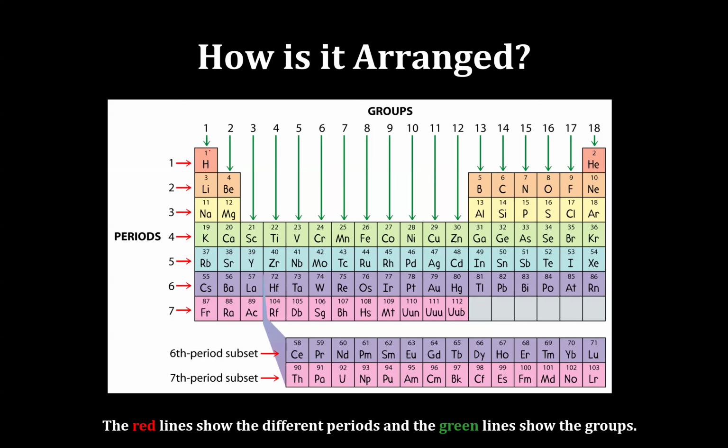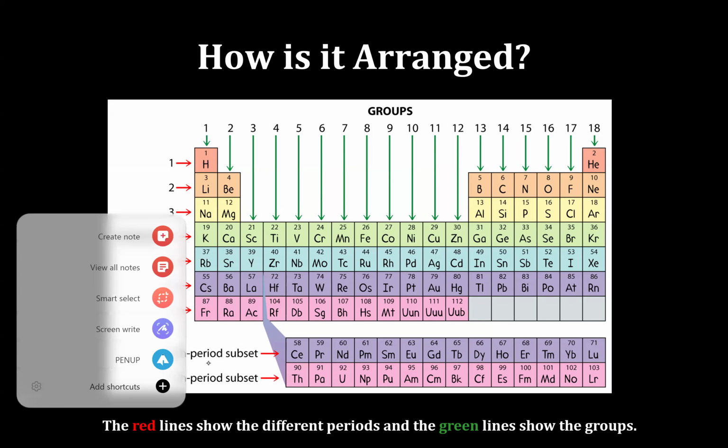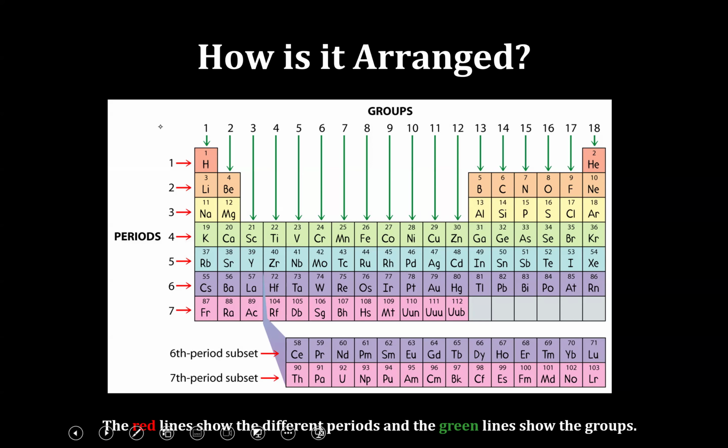You see, hydrogen has an atomic number of 1, lithium is 3, sodium is 11, potassium is 19, rubidium is 37, cesium is 55, and francium is 87. So this is arranged according to atomic number, in groups and in periods.